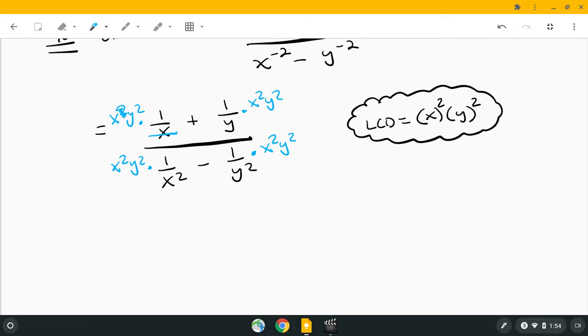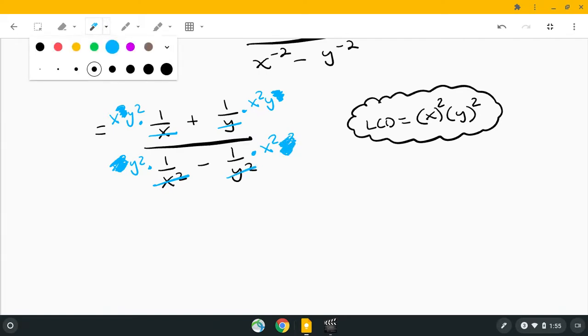1x will cancel out with only 1. 1y will cancel out with only 1. x squared cancels out with all of it. y squared cancels out with all of it here. Okay, so let's see what we have left.